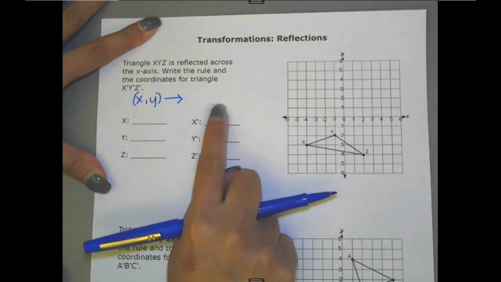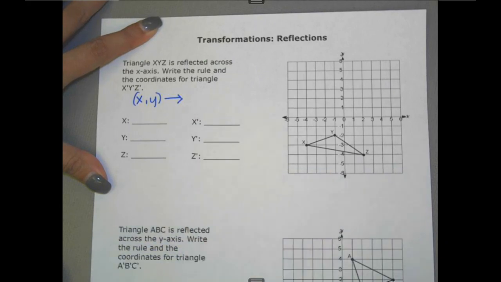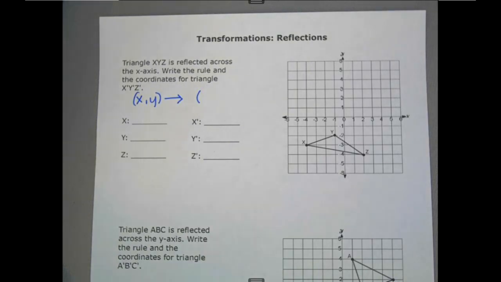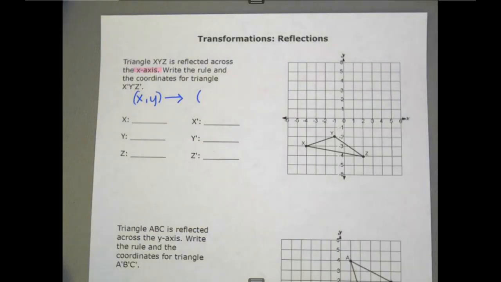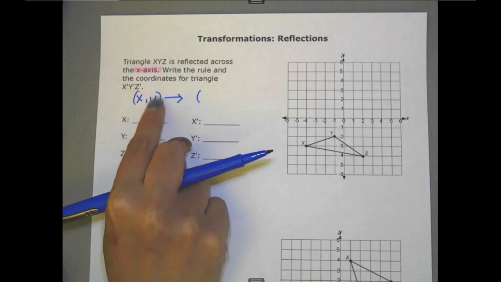So to get my new coordinates, or my prime coordinates, if we are reflecting across the x-axis, then we want to do the opposite coordinate. So we're going to do the opposite of our y coordinate.